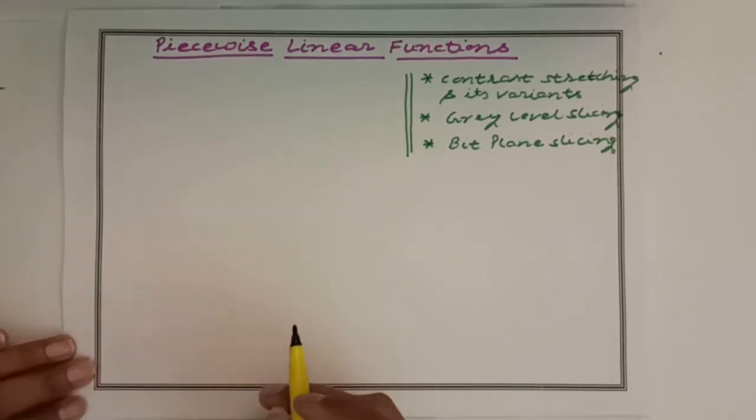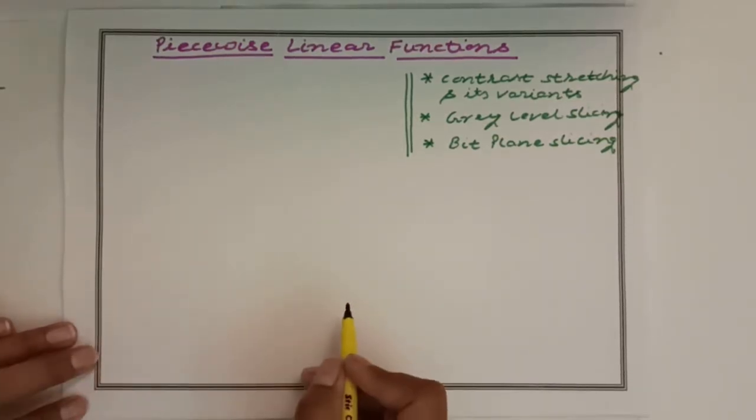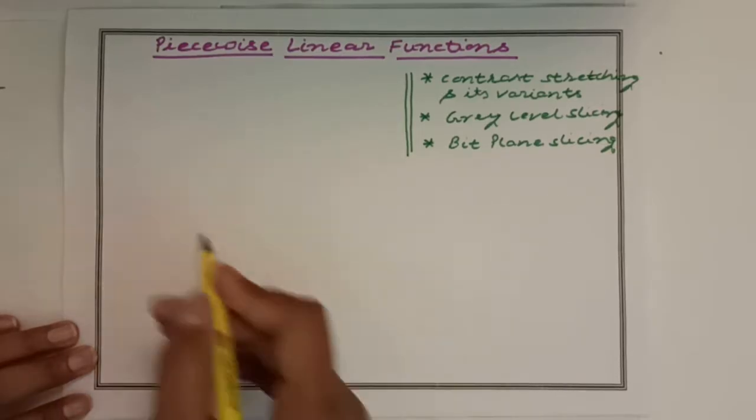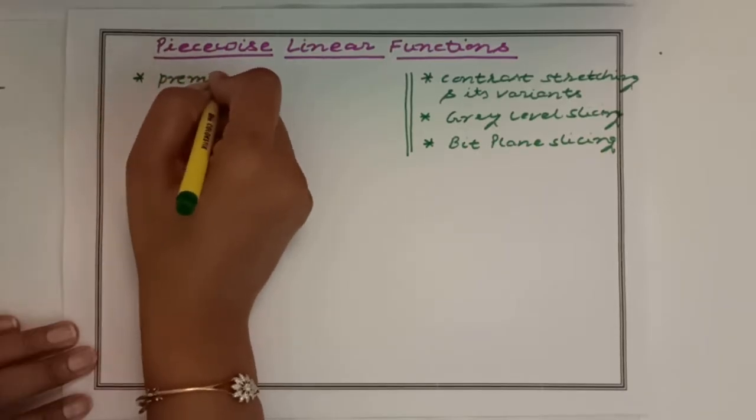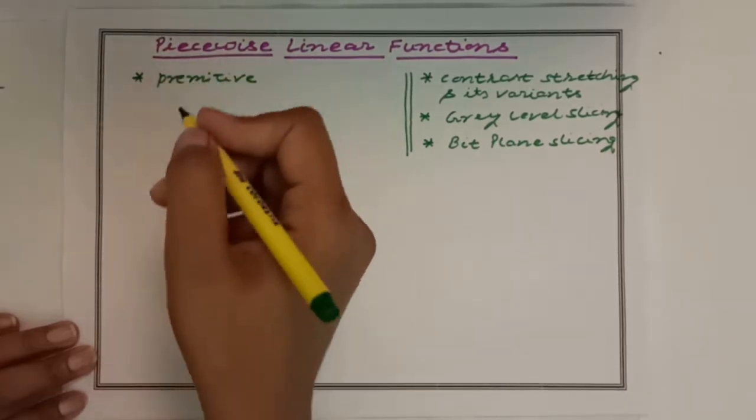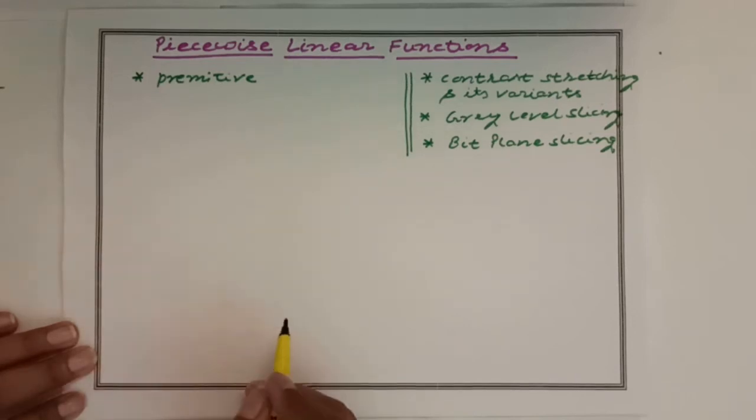Till now, you have studied various types of functions, though those functions are primitive in nature. Primitive in nature, because manipulation of contrast and brightness is a difficult subjective process.